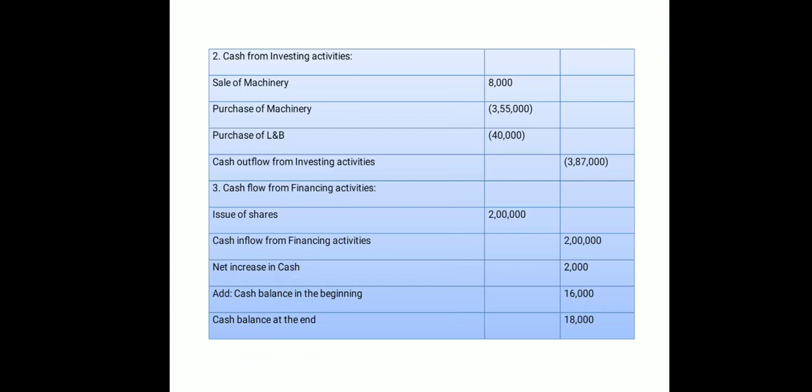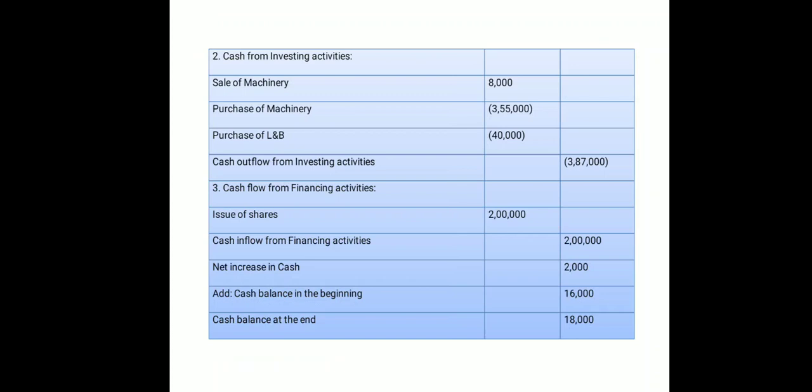Now if you remember, from the balance sheet only one item was left, that is cash. The adjustment we need to do with the cash is to add. Don't worry whether it is a net increase or a net decrease in cash, it doesn't matter. We need to add the cash balance at the beginning.